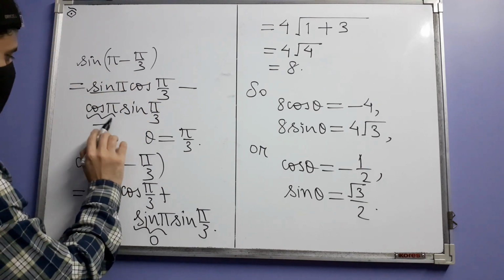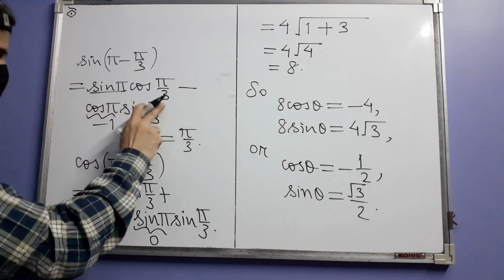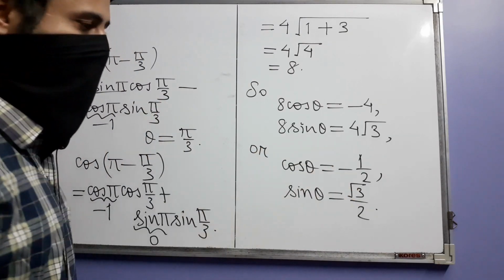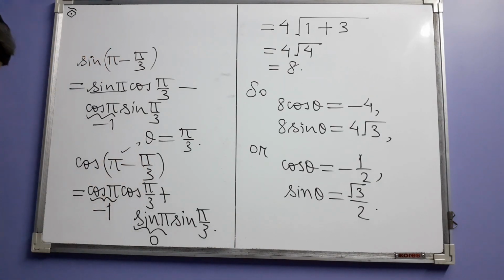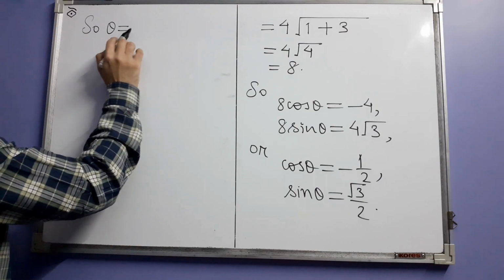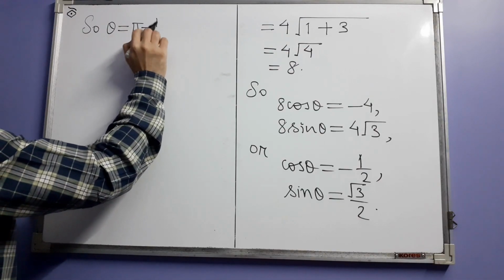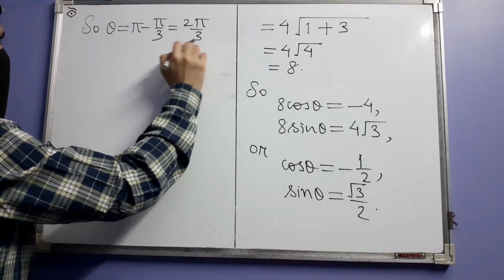Cos pi is minus 1. That minus and this minus give us plus sin pi over 3, which is root 3 divided by 2. So yes, it works. This angle works. That is 2 pi over 3.